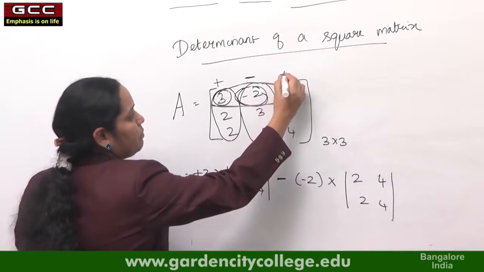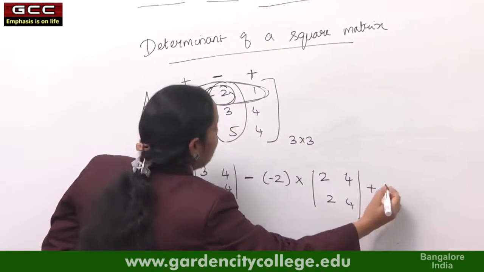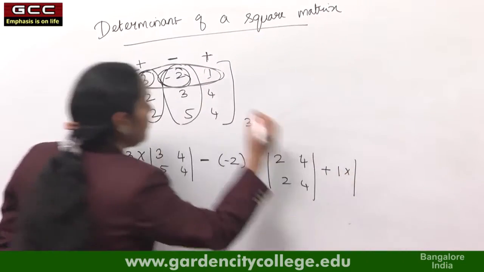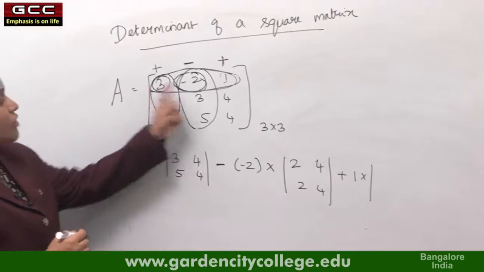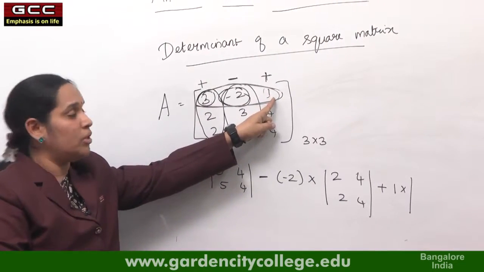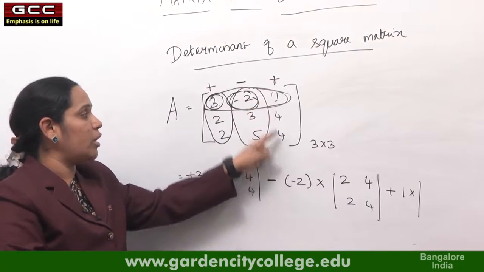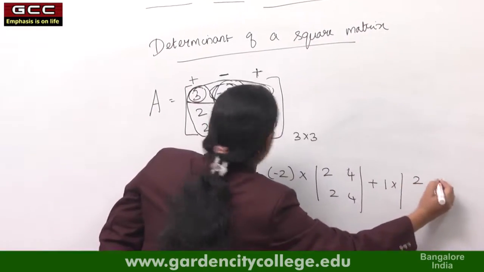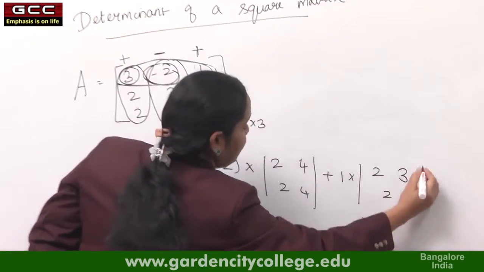Next element, see the sign, it is plus, the element is 1 multiplied by, so again as I said, the position of this element is 1, 3, the meaning is first row and third column. So ignore the elements in the third column and the first row, the remaining you should take 2, 3, 2, 5.